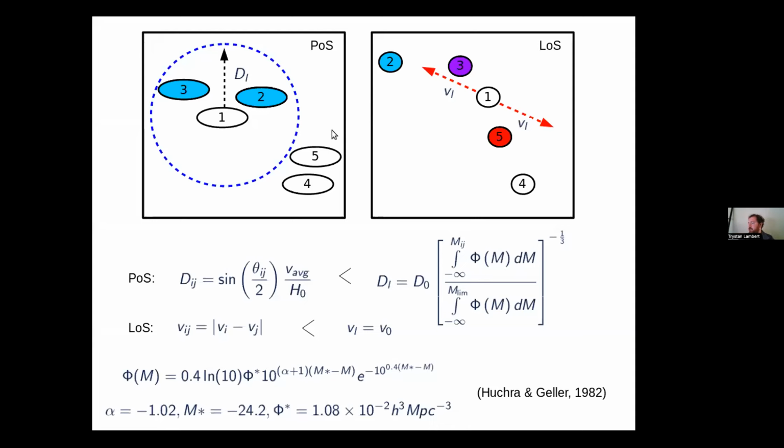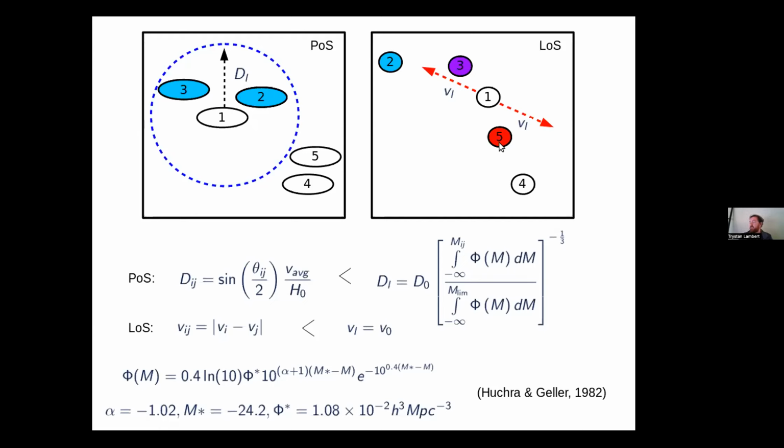Basically, in a redshift survey, you start with a galaxy and you identify all the galaxies along the plane of sky which fall within some linking length. Then you take that same galaxy and look for all the galaxies that fall within some additional linking length along the line of sight. And this is usually done in velocity space.